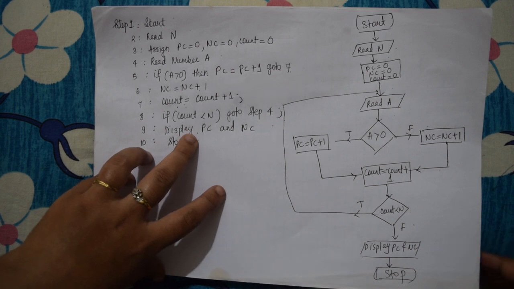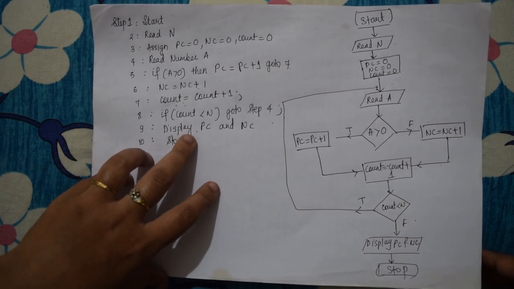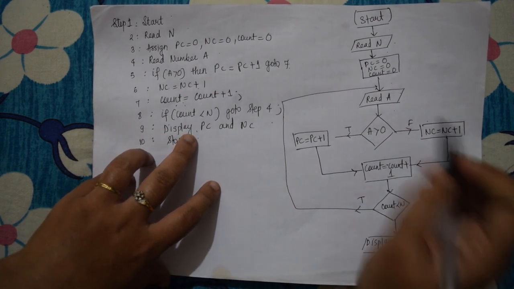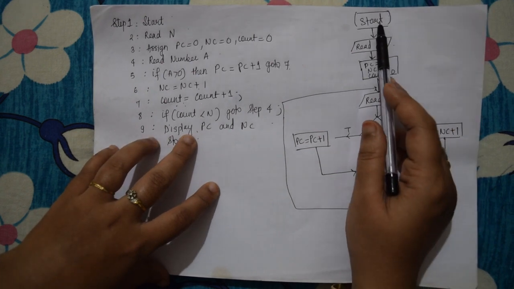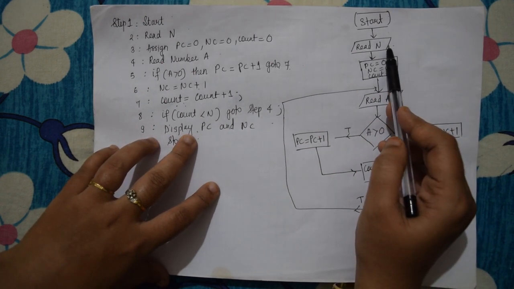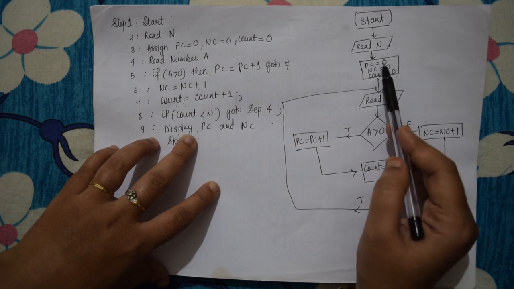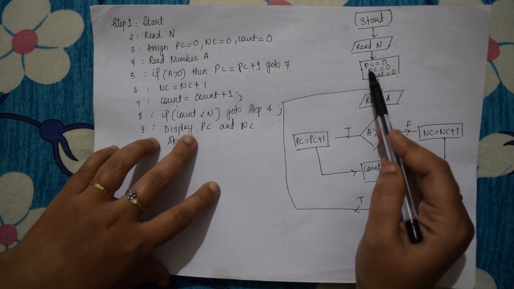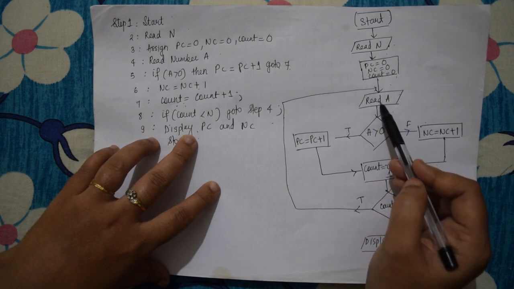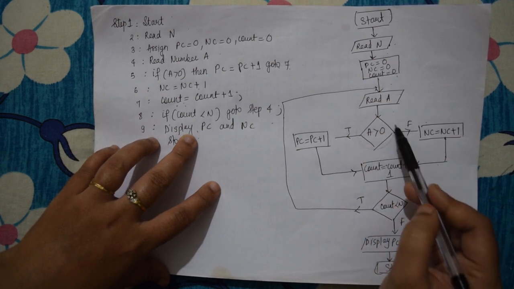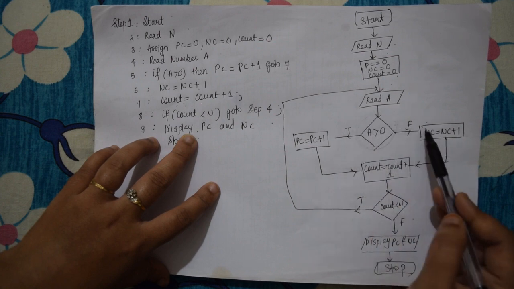Yes, clear everyone? What we are taking: reading n, then initializing or assigning 0 to PC, NC and count, again reading a number, then there is a decision. For this decision, it is either true or false.